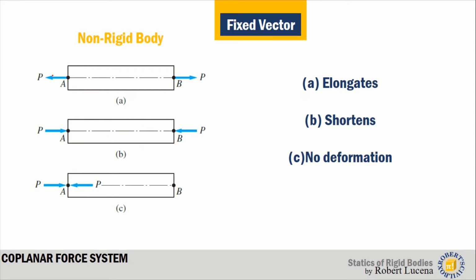Therefore, if these two forces are interchanged, they have a different effect for a non-rigid object, because this one will tend to elongate while this one will tend to shorten or be compressed.